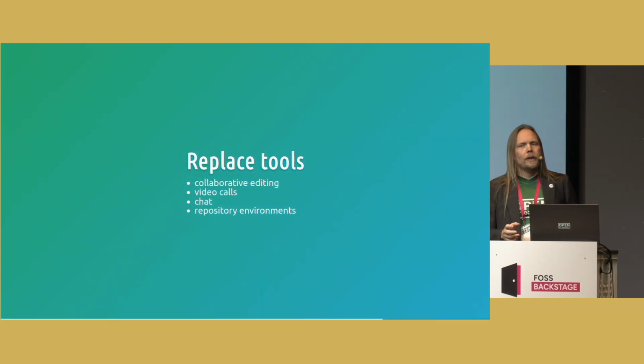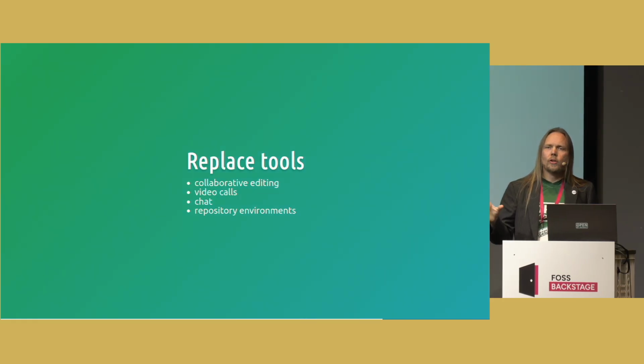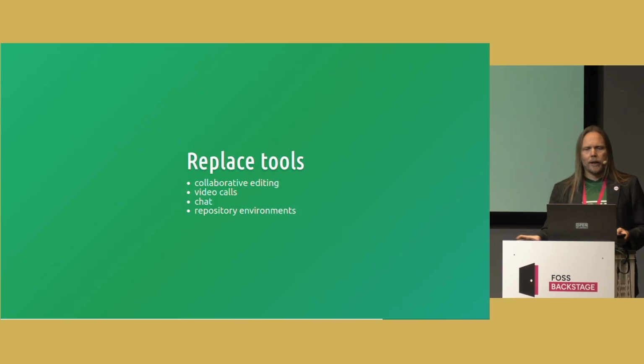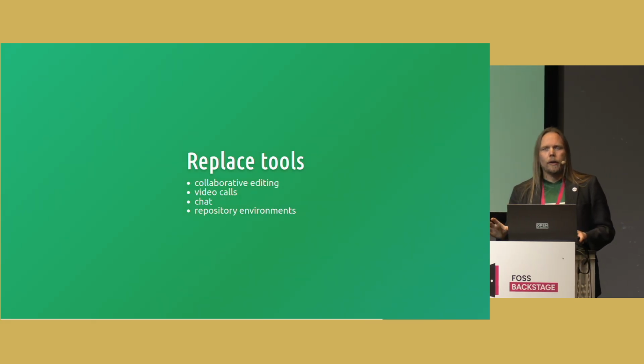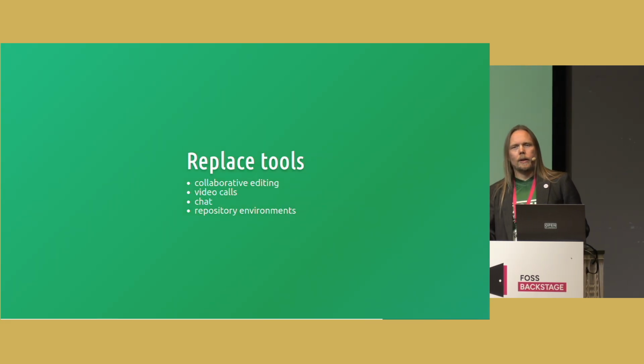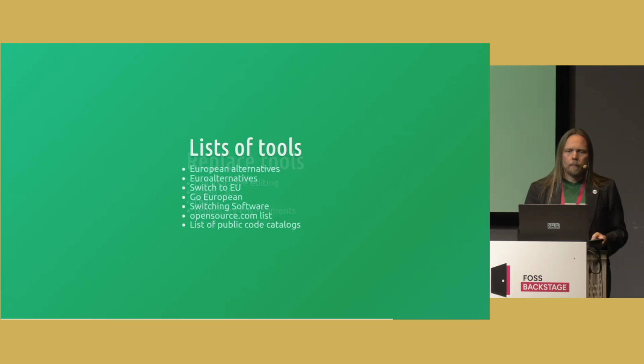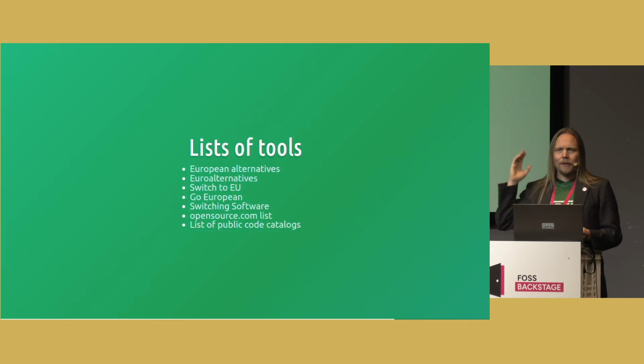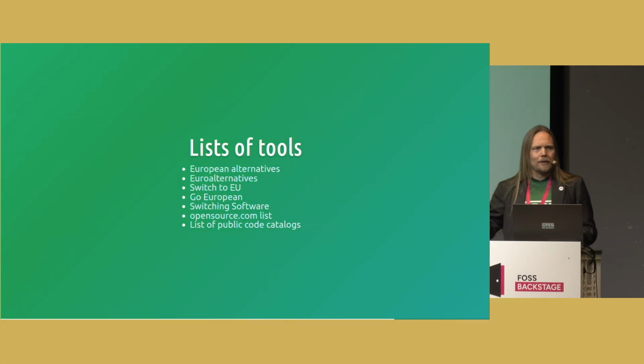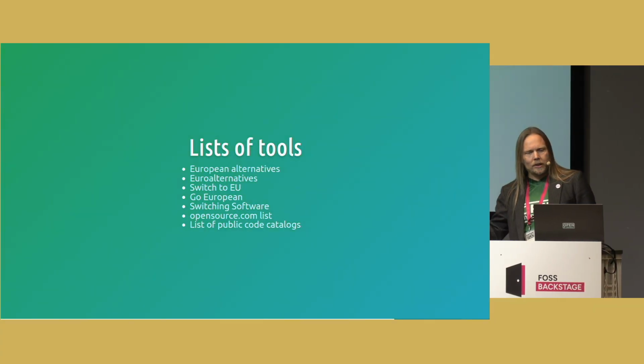There's a lot of different tools, and there's some tools that are sort of generic for any kind of project. I listed a few here, where I think there are some really good and mature alternatives that you could use. And there's a lot of lists of tools. There are lists of European alternatives. There are lists of how to do a switch.